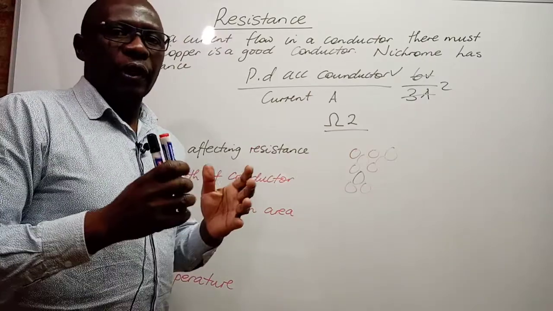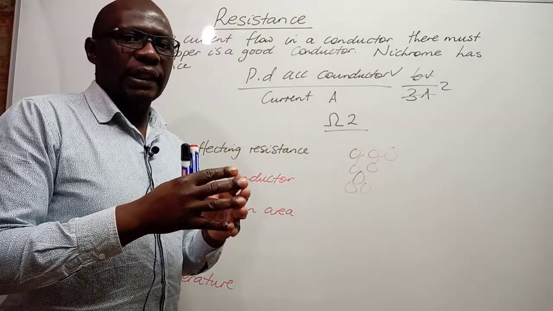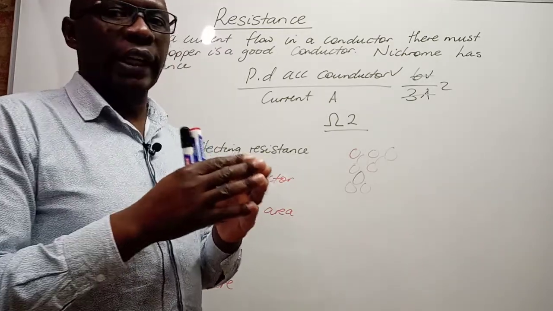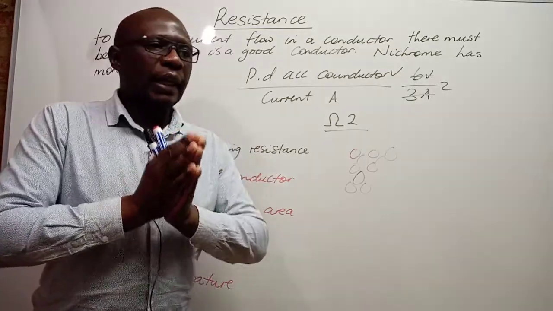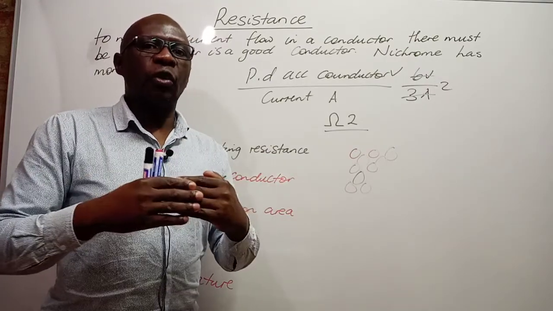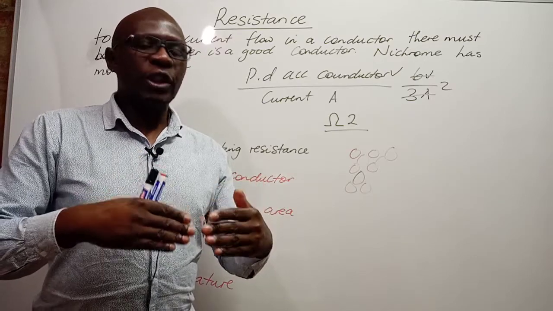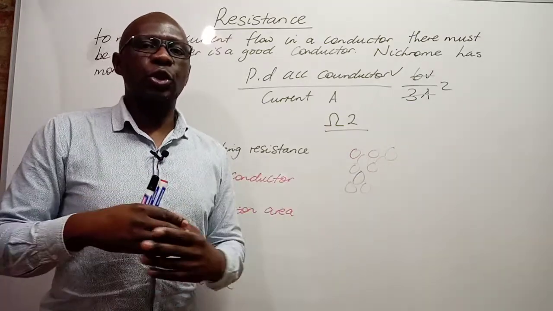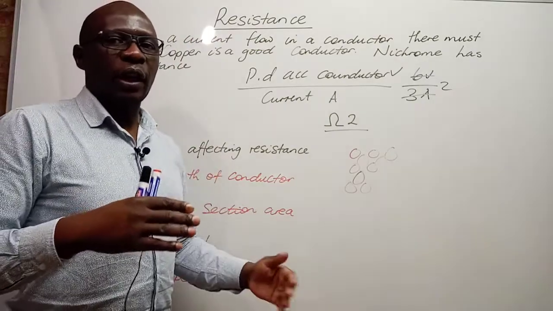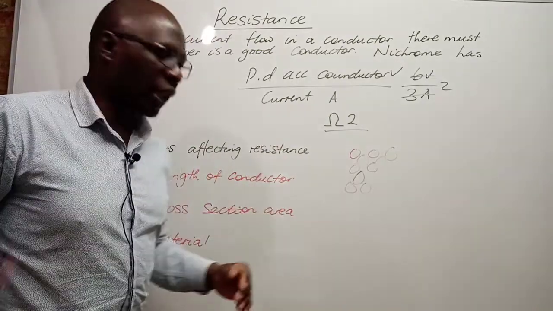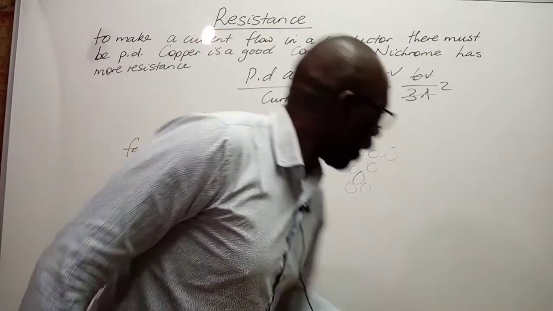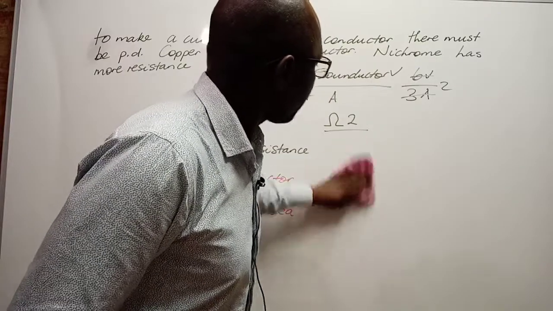So an alloy is more dense. Just as an example, an alloy is more dense, therefore there is more resistance in an alloy. There are alloys, of course, which offer easier passage to electricity, but most of them offer passage with a lot of resistance. And then let's discuss how temperature affects resistance.